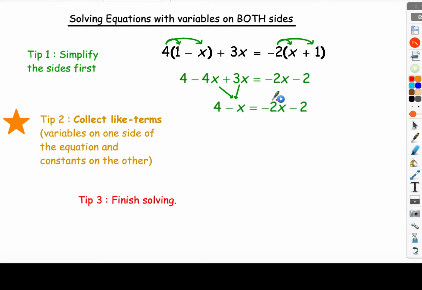I went ahead and said, well, hey, if there's a negative 2x on the right side, why don't I just add 2x, right, on both sides? Basically allowing me to say, again, that minus 2x on the right and the plus 2x that I put in there will cancel each other away.